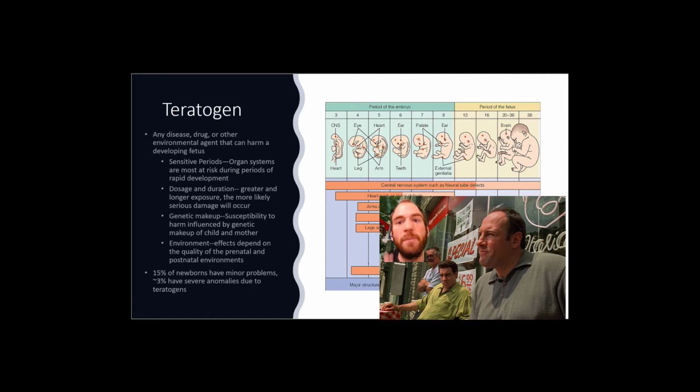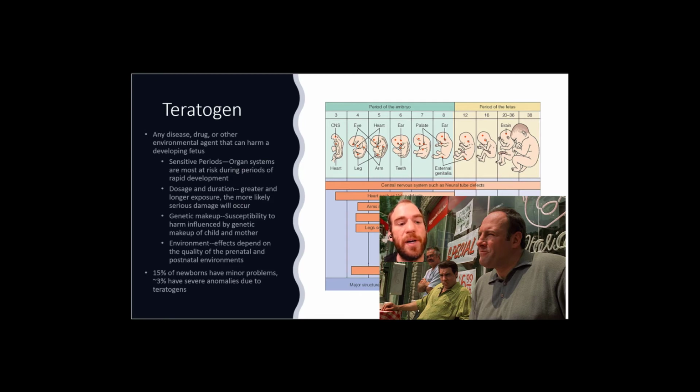So again, stress may be more harmful to them because of a genetic susceptibility to drug use or something along those lines. Environmental effects depend on the quality of prenatal and postnatal environments. So, straightforward, the environment shapes the development of a fetus and postnatally in early childhood and infancy as well.